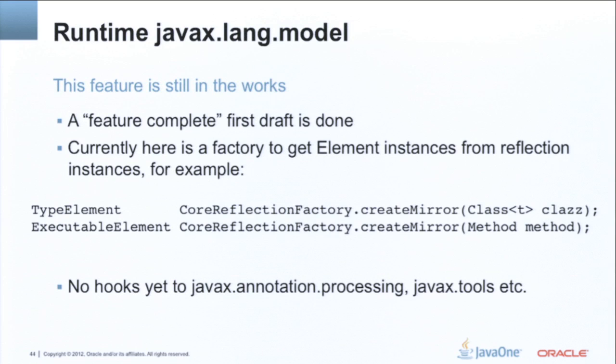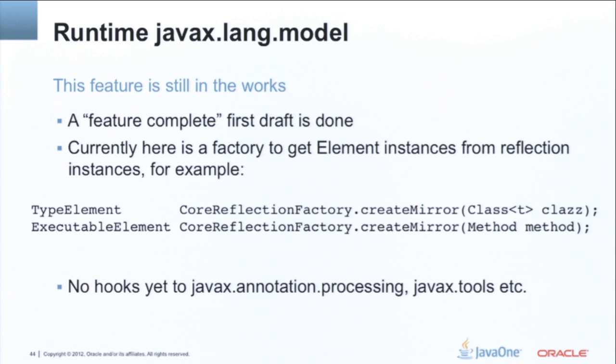So, the javax.lang.model at runtime. And again, this is something we're currently working on. So what we have is we give you a factory to get javax.lang.model instances from reflective objects.